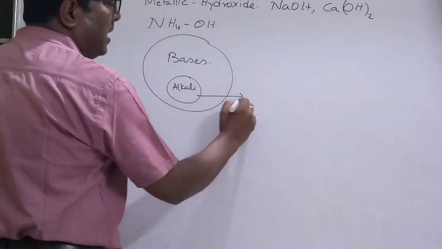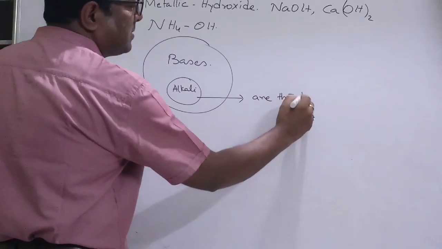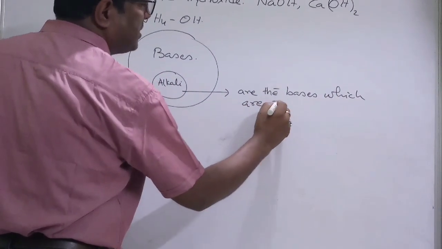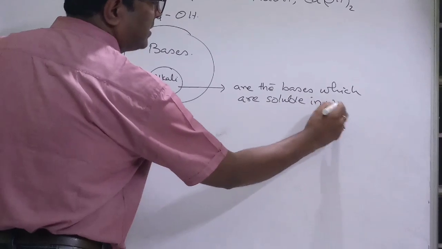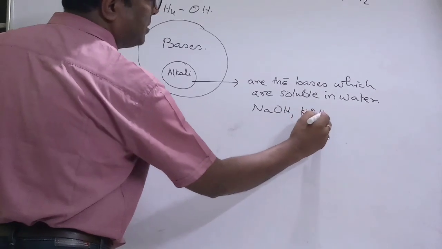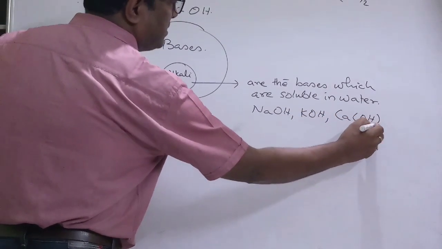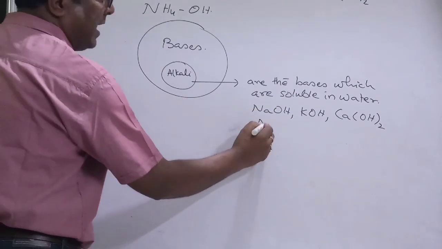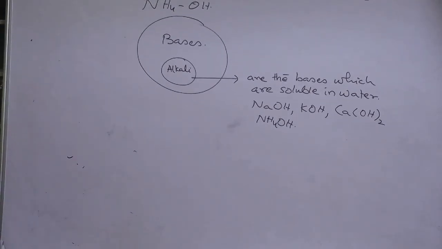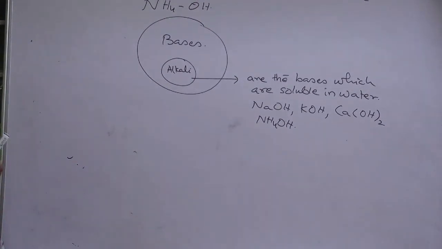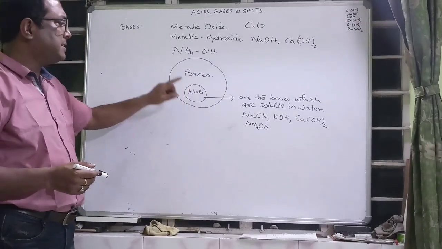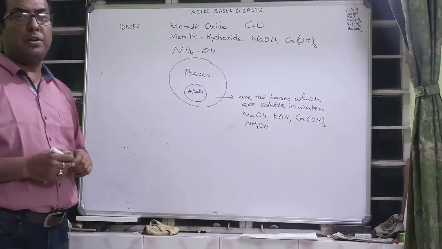Only the bases which are soluble in water are alkalis. Examples are NaOH, KOH, Ca(OH)2, and NH4OH. All these are alkalis because they are soluble in water. So bases which are soluble in water are called alkalis. So all alkalis are bases, but all bases are not alkalis.